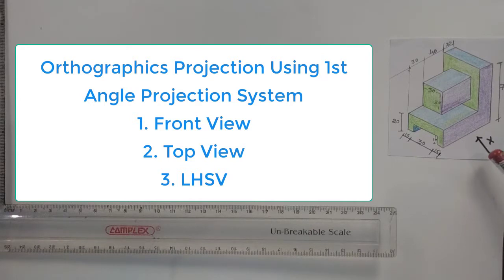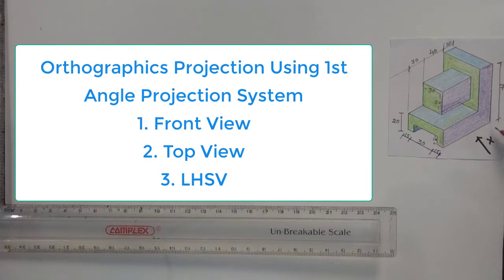So in our figures, when we see the objects from the elevation orientation, from the front view orientation, this dimension is called the length of the object and this is called the height of the object.